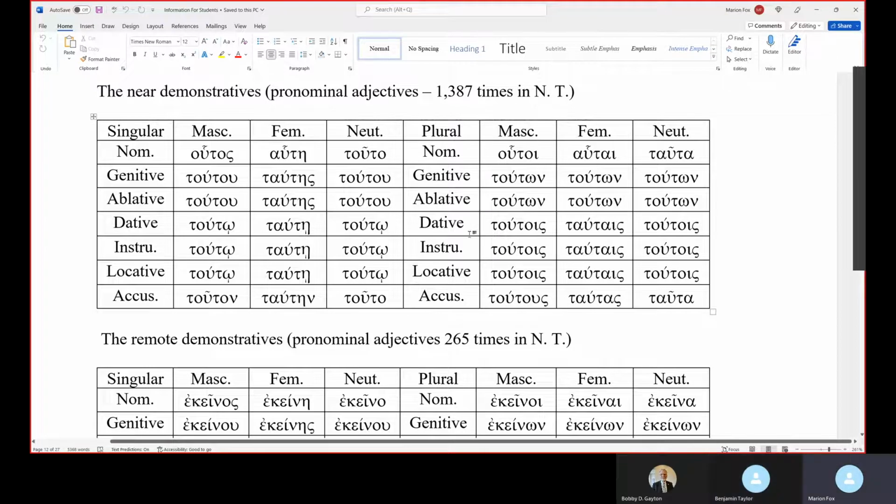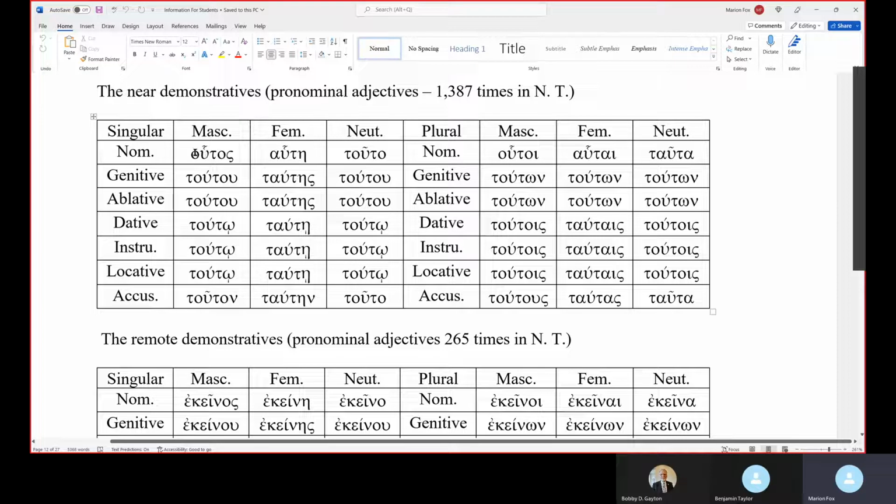Okay, here's the table that I made out. And so you have these all in a table form: nominative, genitive, ablative, dative, instrumental, locative, and accusative. I had to abbreviate instrumental, couldn't wrap my table around otherwise. So you can figure out accusative and instrumental, what they are.